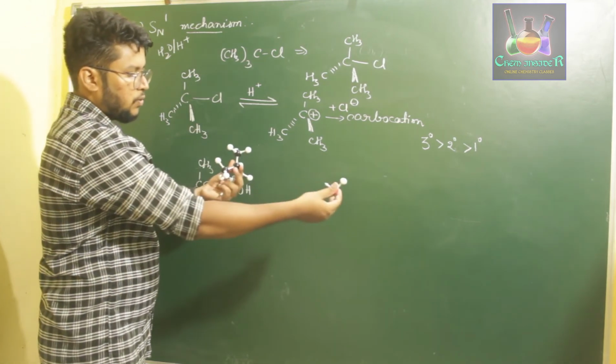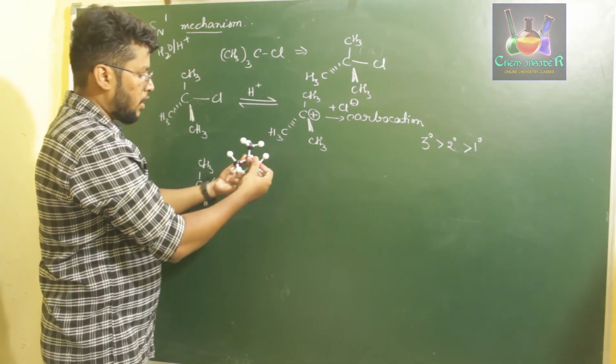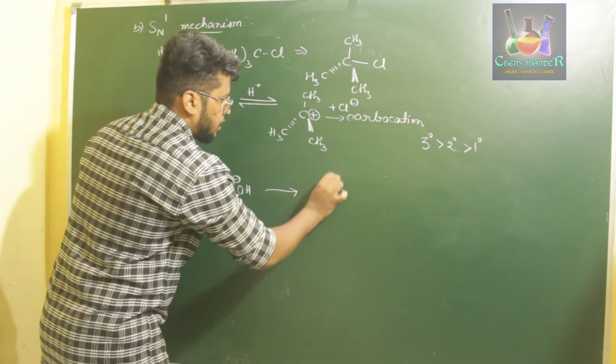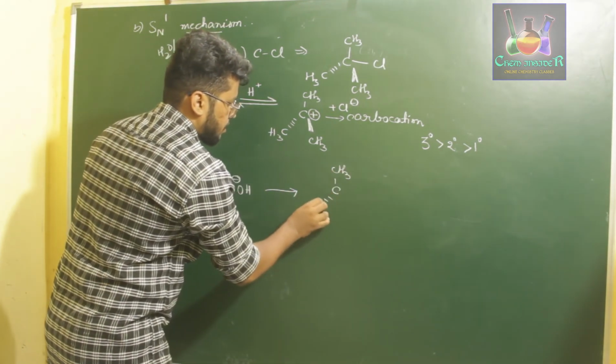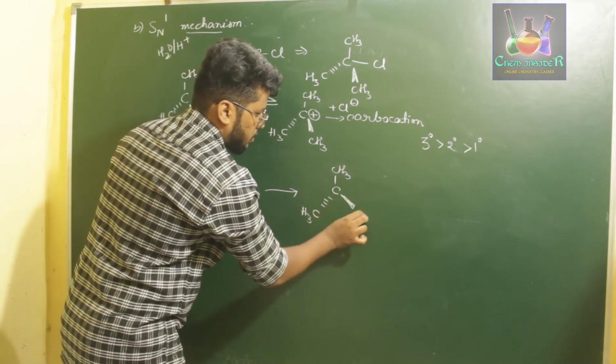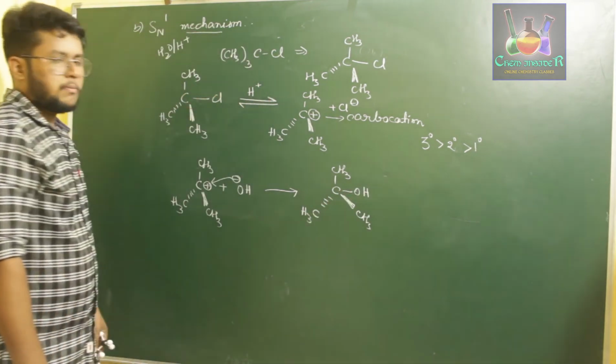So our OH minus group will be attacking from the side of the leaving group and forms an alcohol. So this gives tertiary butanol, tertiary butyl alcohol, CH3OH. So this is the SN1 mechanism.